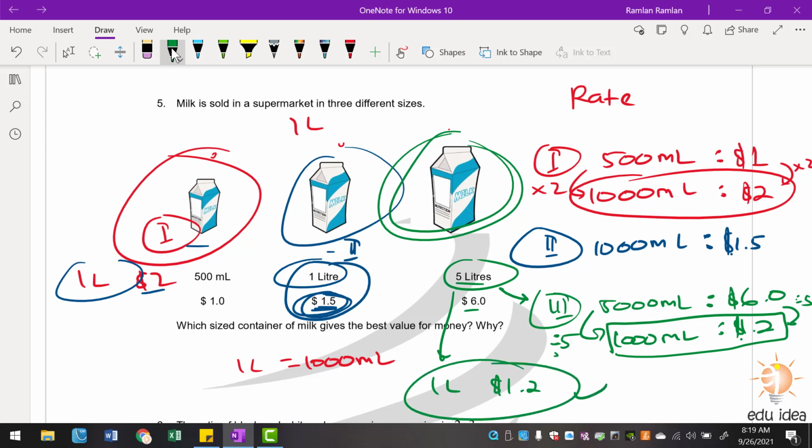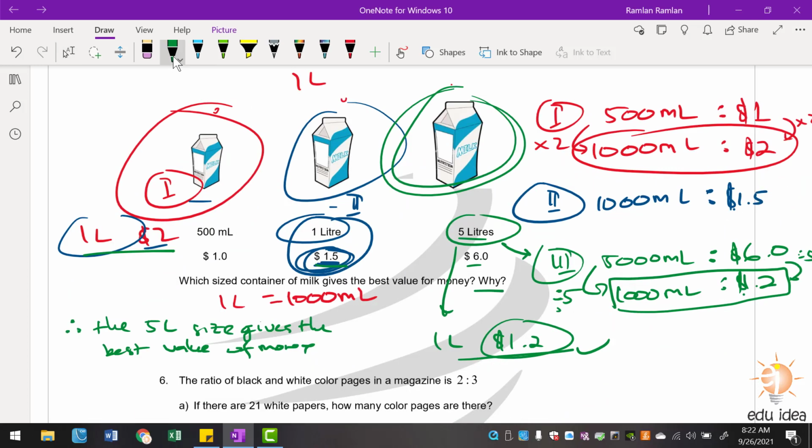This is going to be the cheapest one, because the first is $2, the second is $1.5, and the third is $1.2. So in conclusion, the 5 liter size gives the best value for money. Why? Because it's cheaper.